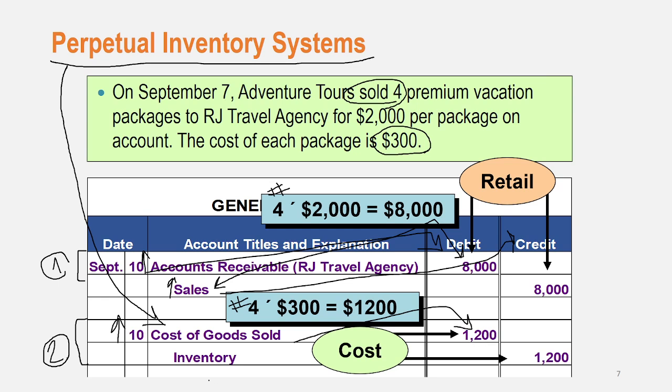$1,200. And also the amount of inventory in this case decreases, because we take some products from the inventory and sell them to the customers.